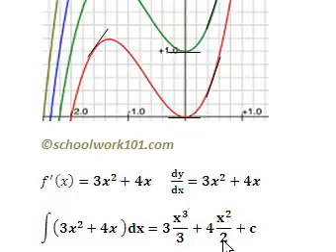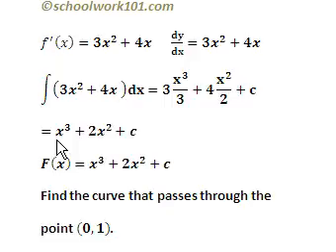Simplify this down. And this is what we get. So this is our antiderivative, capital F of x is equal to x cubed plus 2x squared plus c. And that's what those graphs were that I had, where c was just a different number.